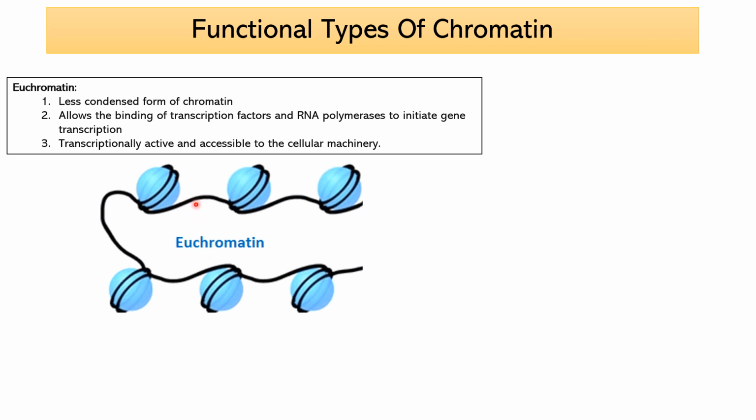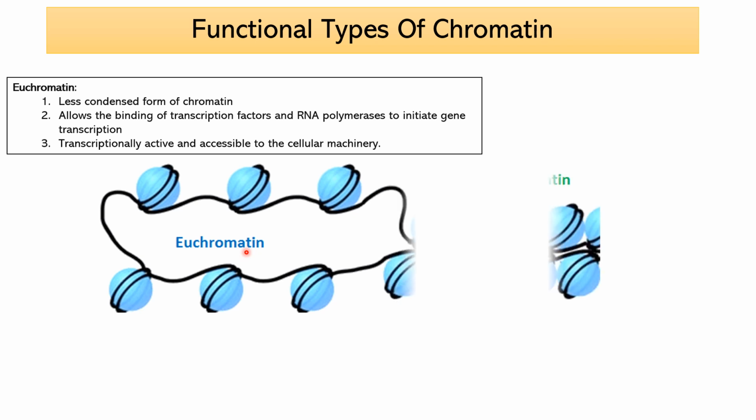Also, the DNA is accessible for transcription factors and also for polymerases to interact with and to initiate processes like gene transcription. And if you check the video here, you can get more information about gene transcription. Also, euchromatin is considered to be transcriptionally active and accessible to cellular machinery.